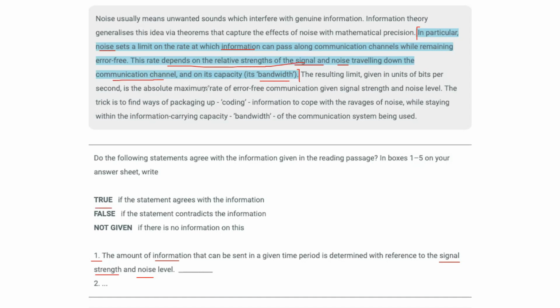Okay, so in this case, depends on here is basically another way to say determined with. And the signal strength and the noise level are both referenced in this passage, even though it's not the same formatting as the question statement.